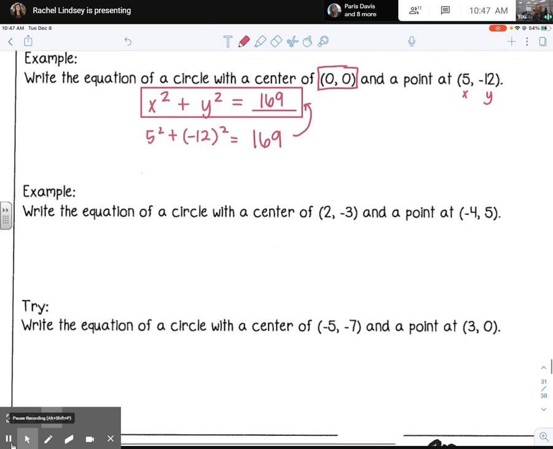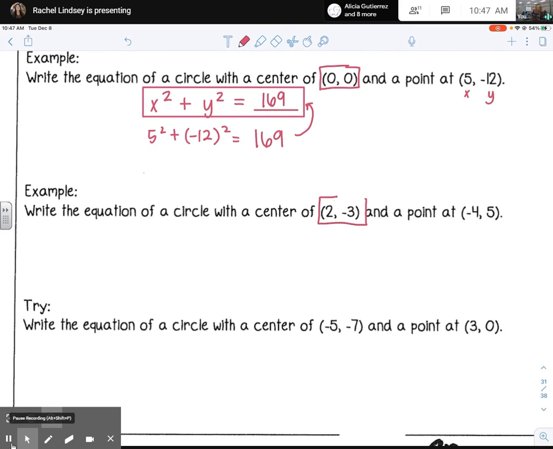Okay, so on this next one, I'm gonna write the equation of my circle first with my center. I know it's (2, negative 3). So I'm gonna have (x minus 2) squared plus (y plus 3) squared equals my radius squared, which is what I've got to find. So now that I have that, I'm going to take the negative 4 and the 5 and plug it in for x and y, just like I was doing above.